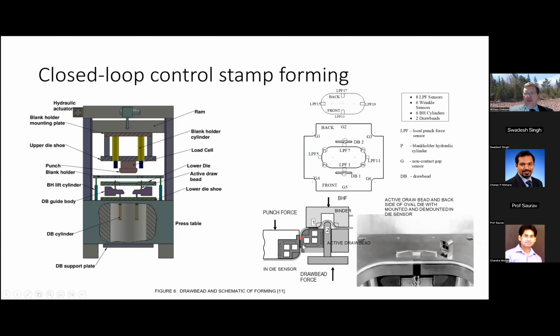And we call the forces located here the local punch forces. Here's a picture of the sensor mounted within the die and an active draw bead that was controlled based upon this draw bead guide body located here.